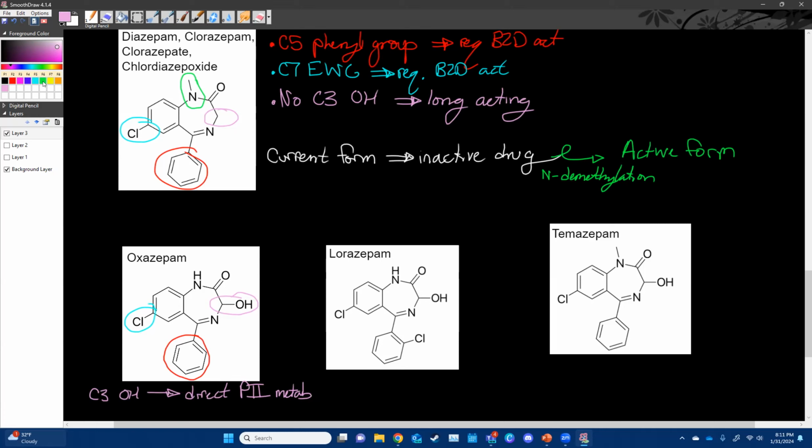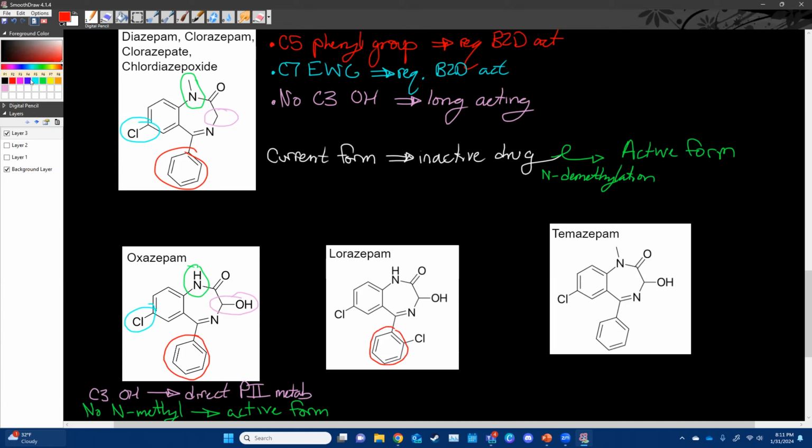What's also important to note about oxazepam is that the lack of the methyl group means that oxazepam is an active drug. Looking at lorazepam, same sort of thing.